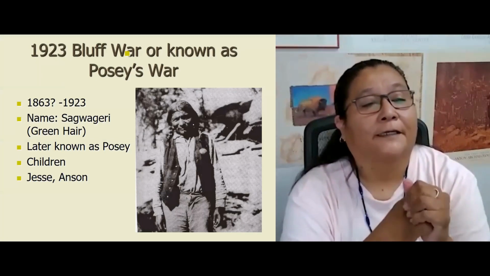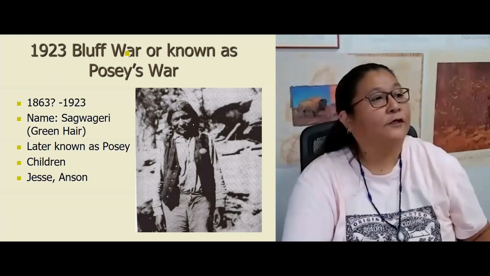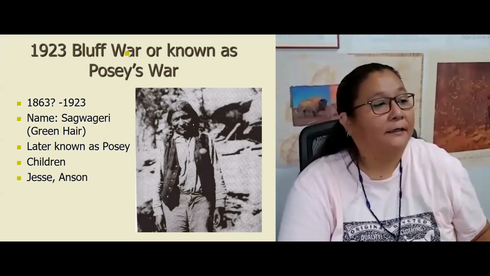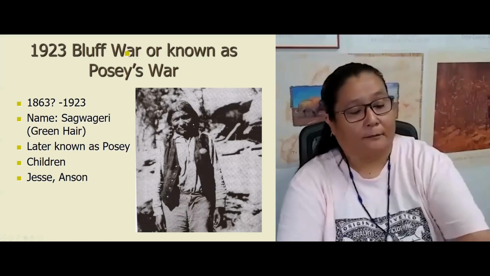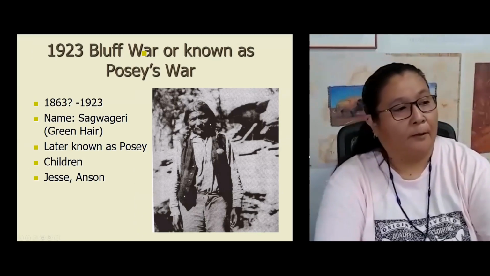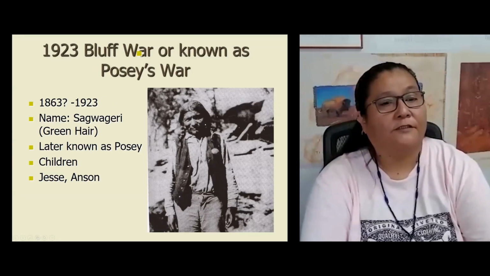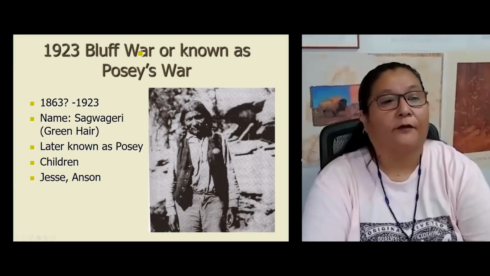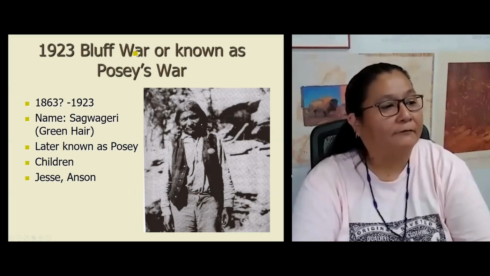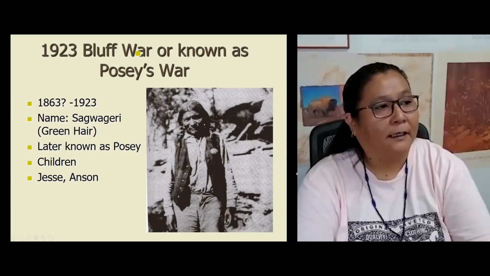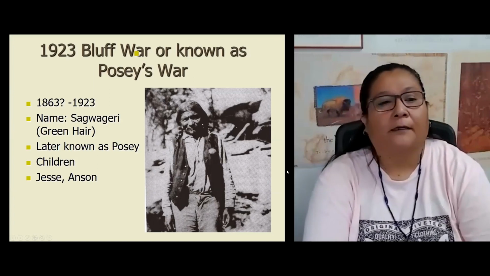And he was known for this war in this area, and the White Mesa folks know a lot about it, but my grandmother was Ora Posey, that was her grandfather. So he's kind of one of my heroes just because he never gave up. And then eventually he was shot and he passed away hiding out.